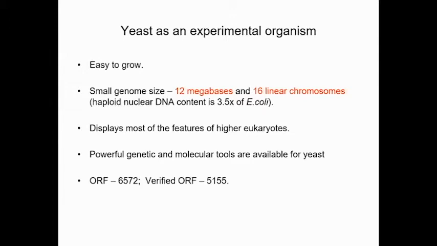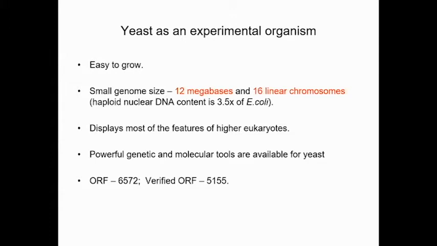So in our project, we will use yeast as our model organism. The reason we use yeast is because it is easy to grow, and it has a small genome size, only 12 megabases, and 16 linear chromosomes. Although yeast is the simplest eukaryotic cell, it displays most of the features of higher eukaryotes.